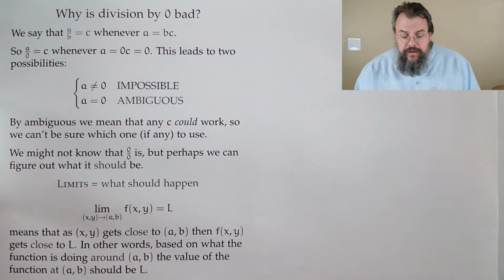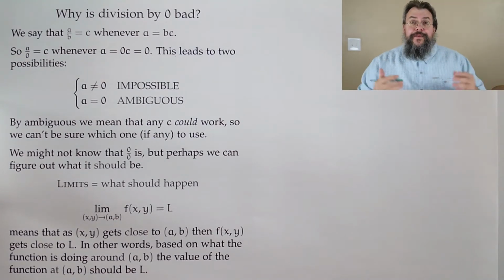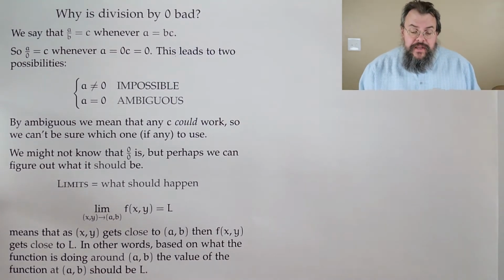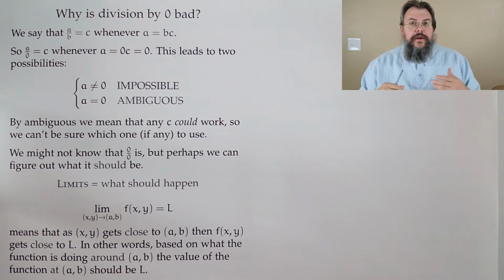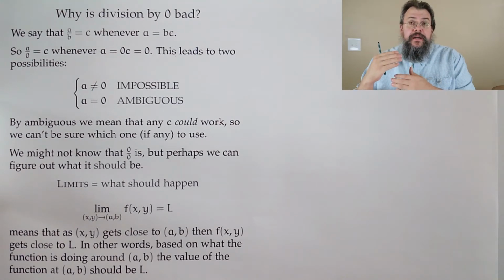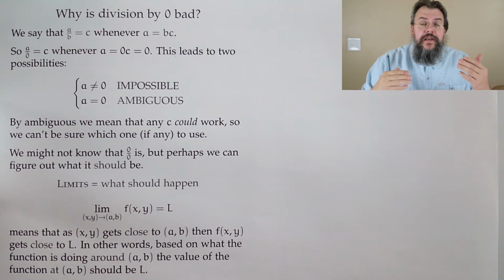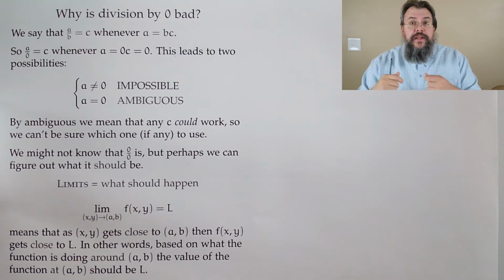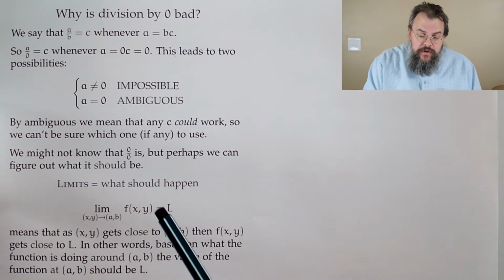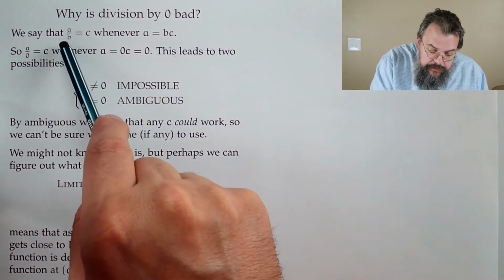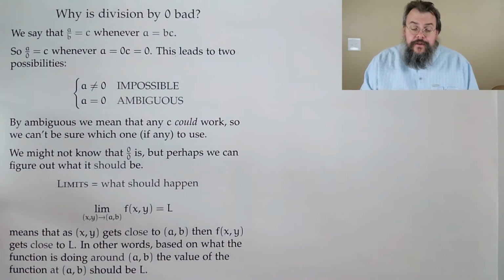Let's begin. So let's start by asking the question, why is division by 0 bad? And it turns out that you can say, well, look, if I have A divided by B equals C, that's the same as saying, look, A is B times C. So what happens when our B is 0, right? Our denominator is 0.